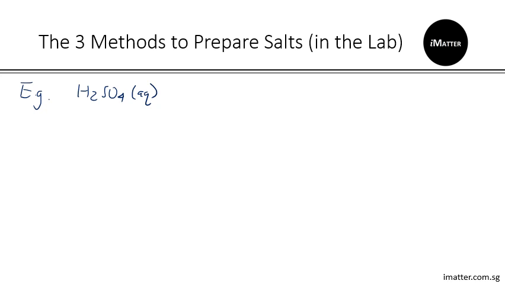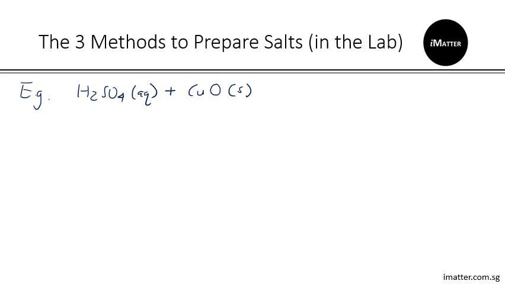Alright, by now I hope you are familiar with the state symbols, so I won't mention them anymore. Now, instead of using copper carbonate, I use another insoluble reactant, copper oxide. Solid in this case, since it's insoluble in water.